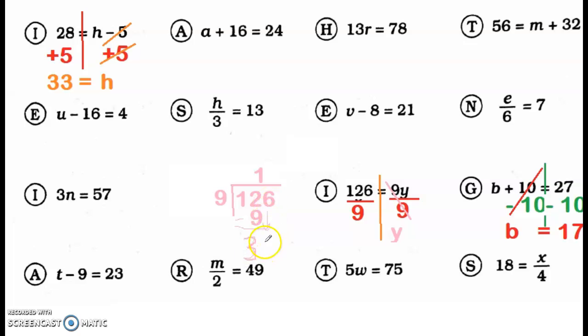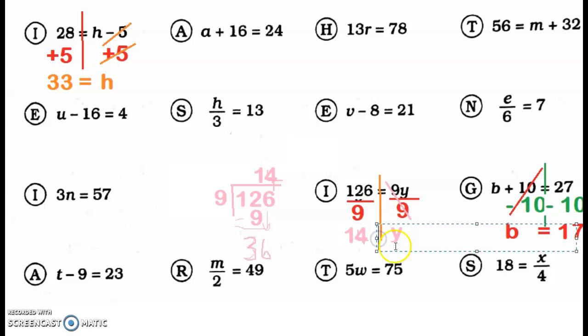I brought my 3 down. I bring down my 6. And then we know that 9 times 4 is 36. Let me write it here so it looks a little prettier. So then our answer is 14, right? We're going to take this answer and put it here because y equals 14.